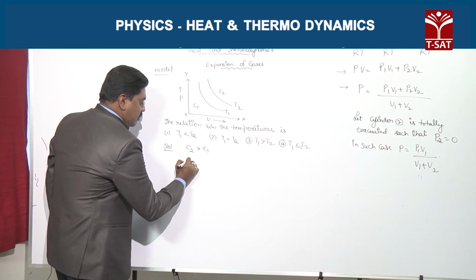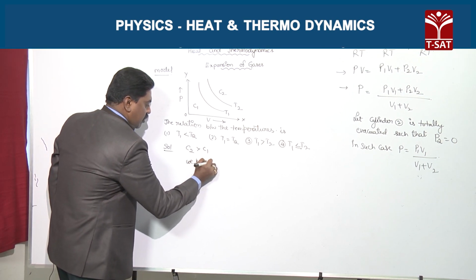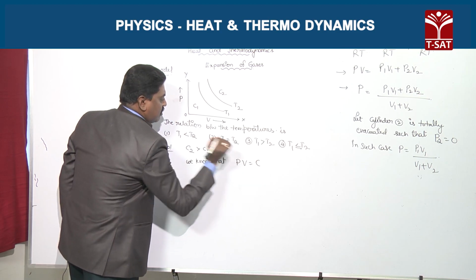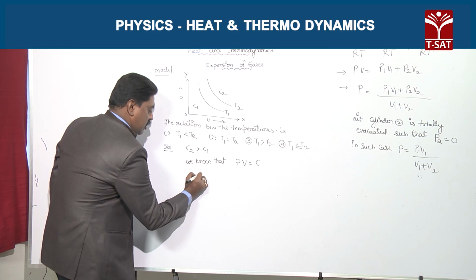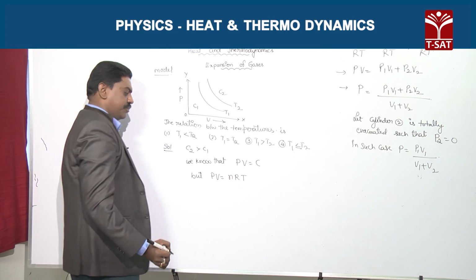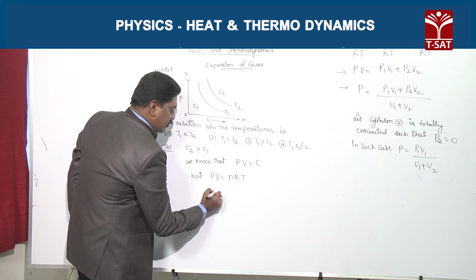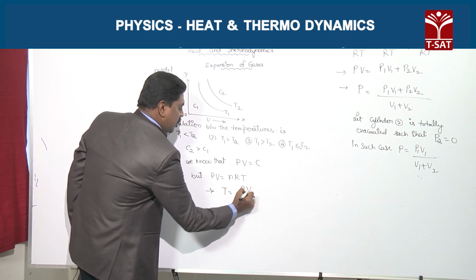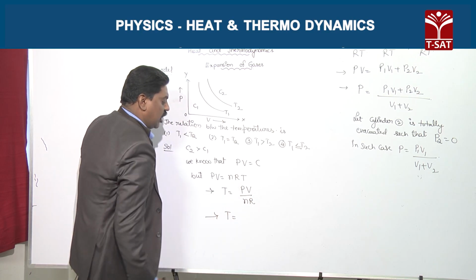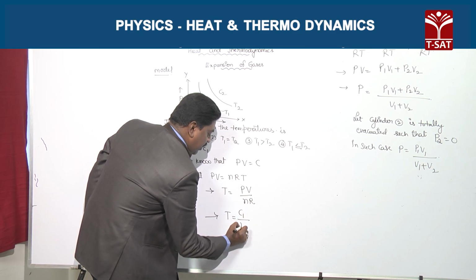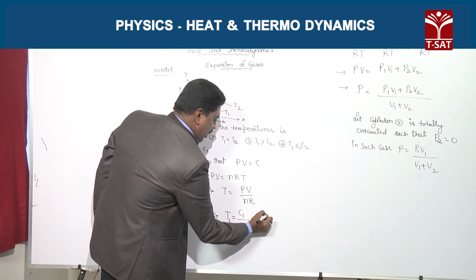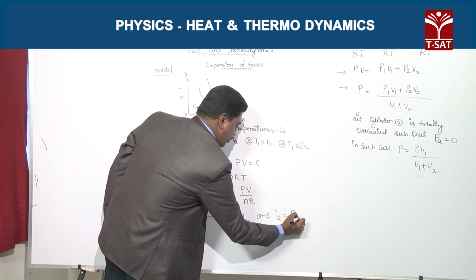We know that PV equal to constant, but PV equals to nRT implies T equals to PV by nR, implies T1 equals to C1 by nR and T2 equals to C2 by nR.